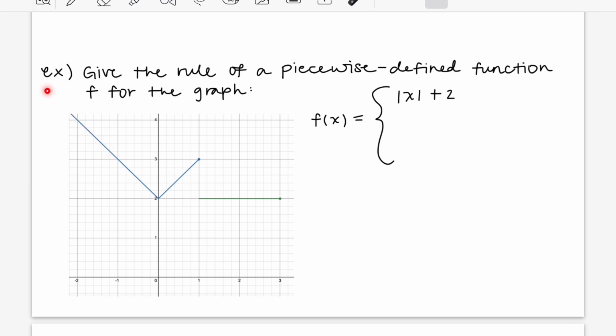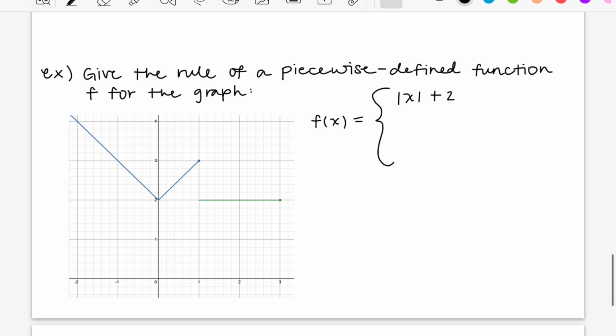So this is going to continue on in this direction. However, in this direction, it looks like we're stopping right here at the value x is equal to 1. So this is for all values of x that are less than or equal to 1. We have this closed dot, so it's going to be equal to that point. Okay.